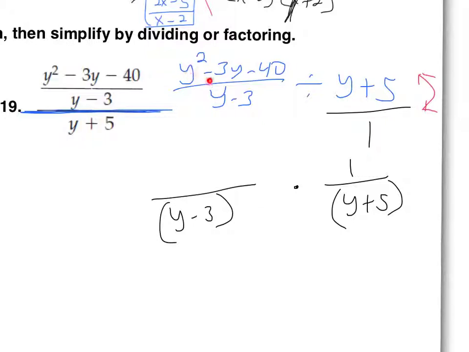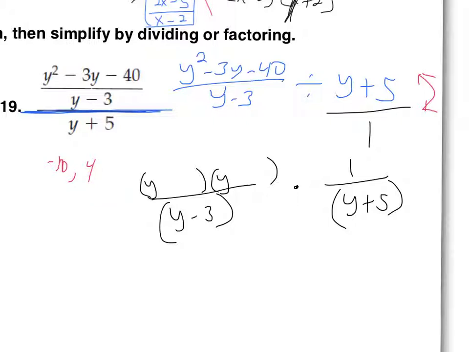However, the first numerator, we will be able to factor that, I bet. Two parentheses, y and y. What two numbers multiply to make negative 40, but add to make negative 3? So, I don't know, let's try this out. How about 10 and 4? And I know one of them needs to be negative, one needs to be positive. So how about negative 10, positive 4? Those multiply to make negative 40.